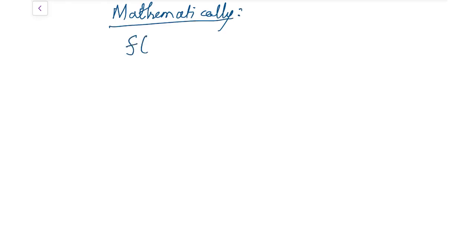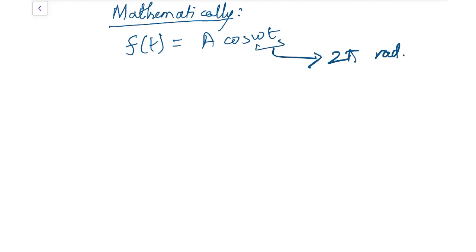Displacement can be represented as a periodic function of time. A is your amplitude, omega t is the argument. So if this argument omega t is increased by an integral multiple of 2 pi radians, the value of this function must remain the same.